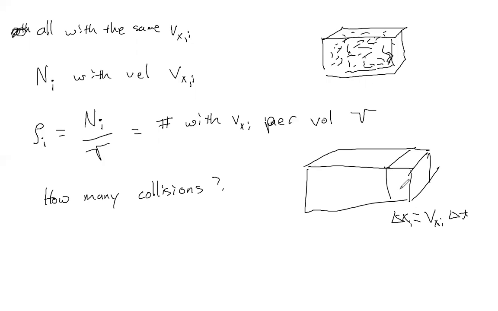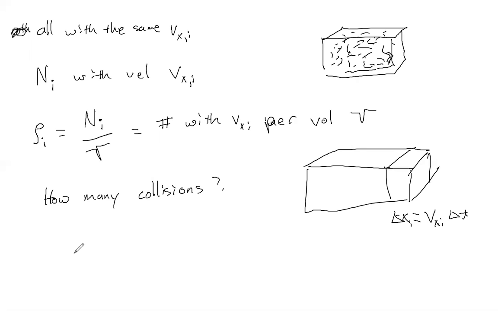Any particle that has that velocity but is not inside that slice will not hit the wall. So for counting how many collisions with the wall, I want to figure out the volume of the slice, multiply by the velocity density, and then calculate the change of momentum of each one.